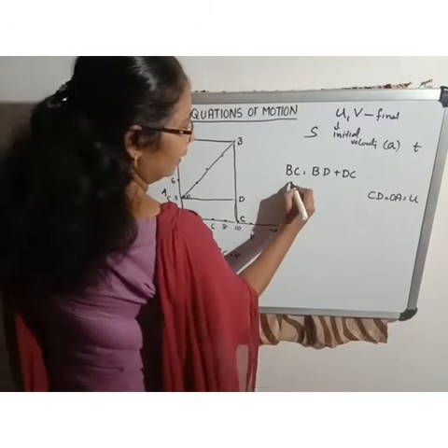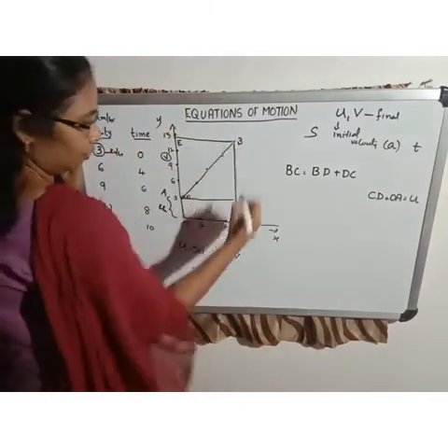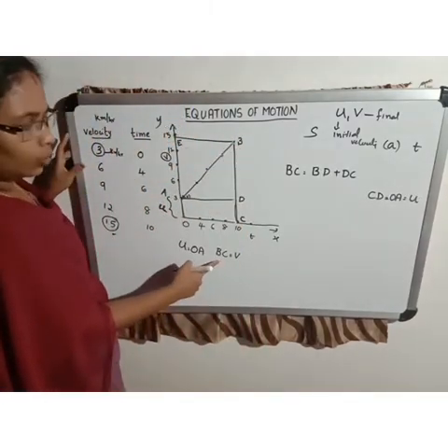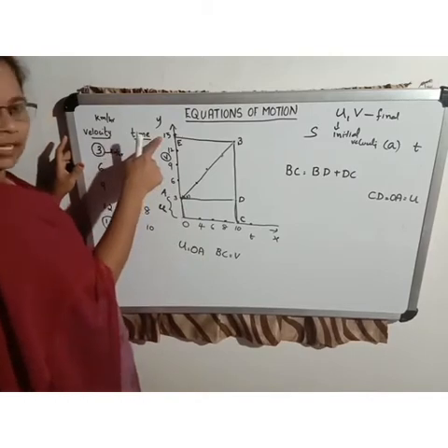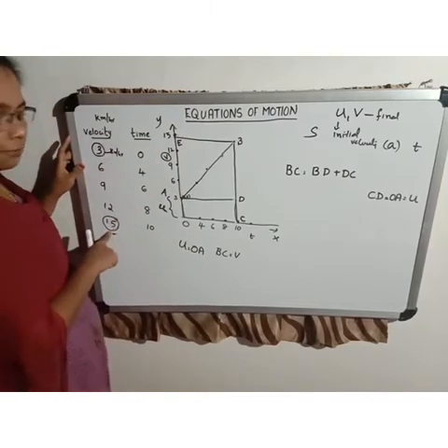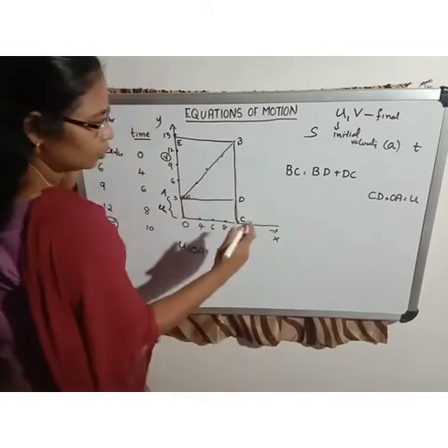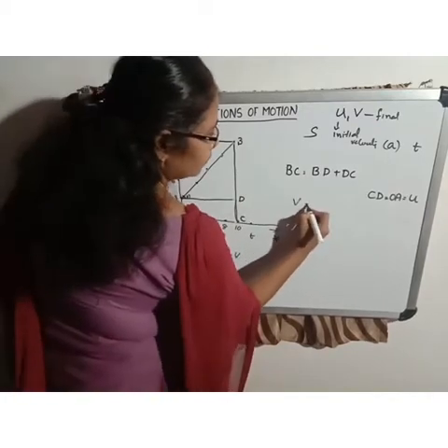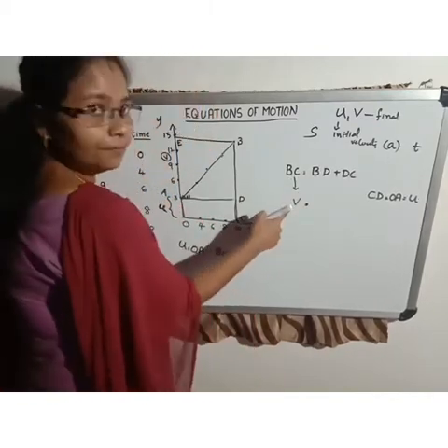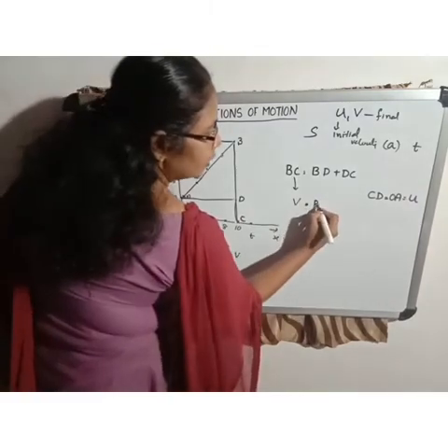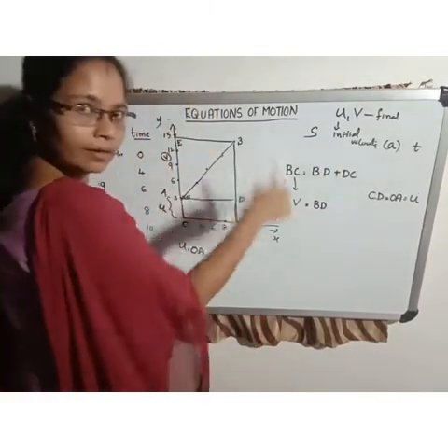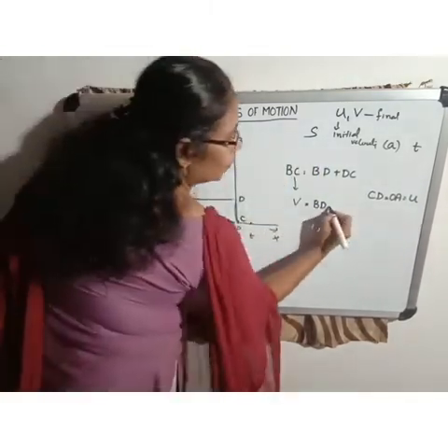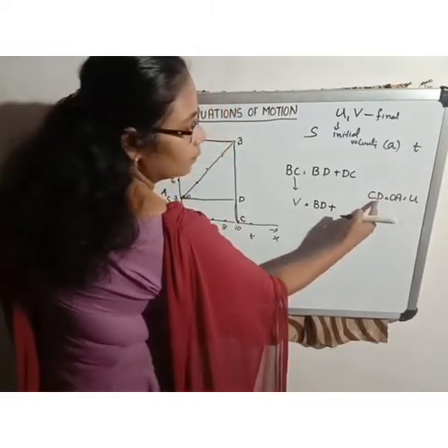Now I can write like this. What is BC? I already told you, the whole length BC is 15, which is our final velocity. So instead of BC I can write V. Then BD I write as BD itself. Now plus what is DC?